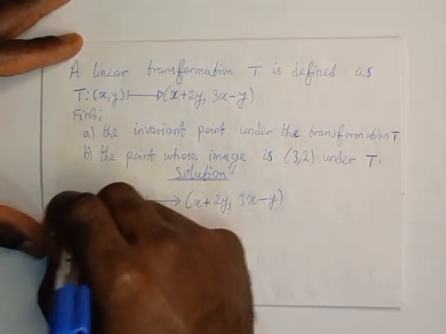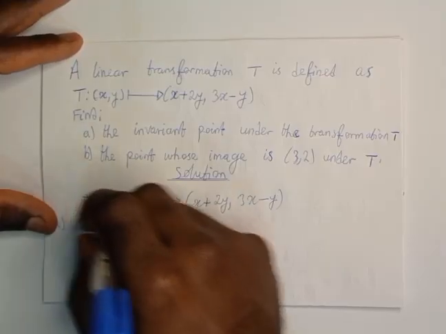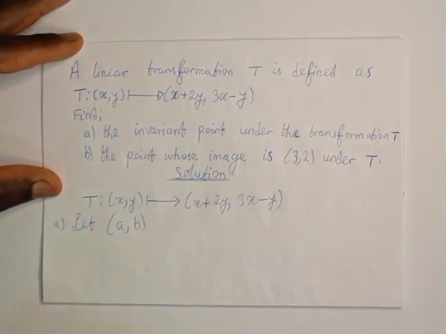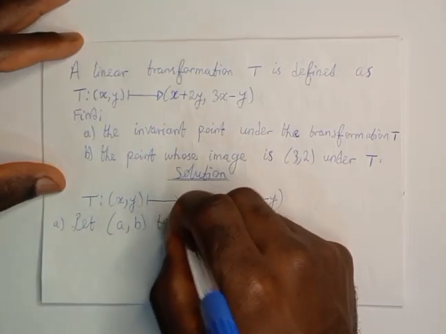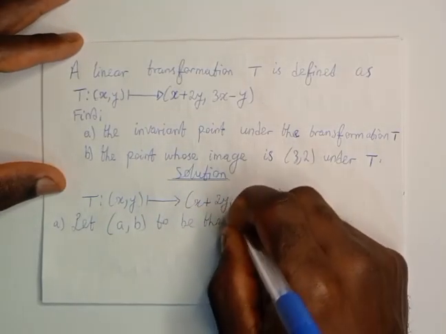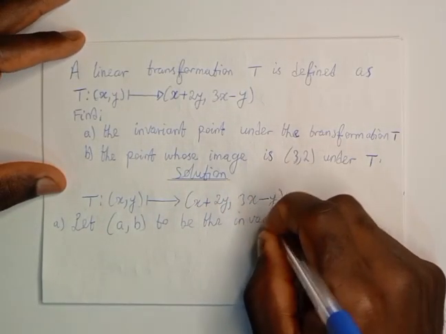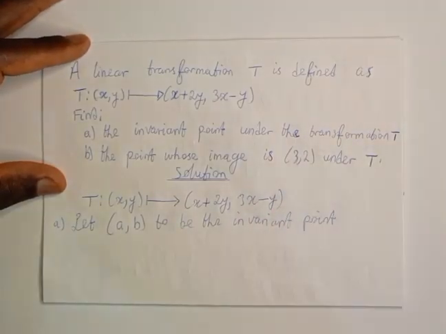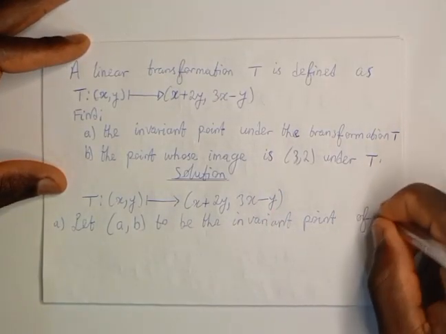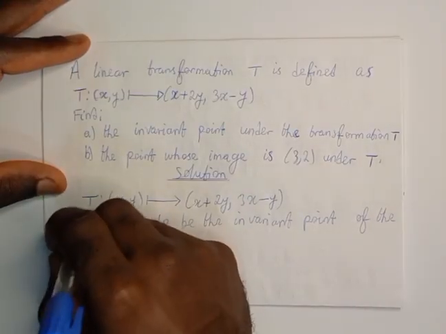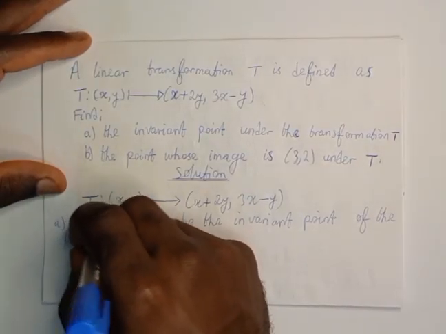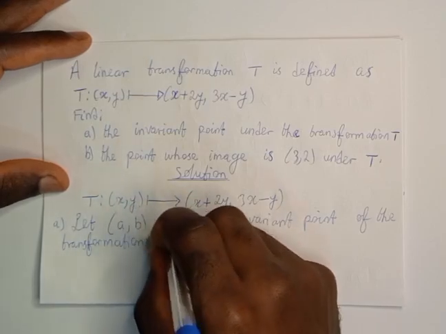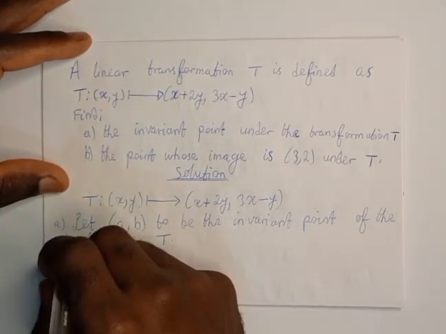For question A, we start by saying let (a, b) be the invariant point of the transformation T.